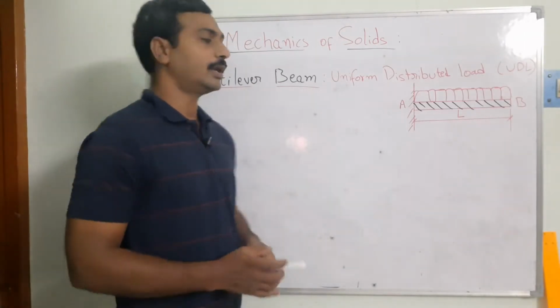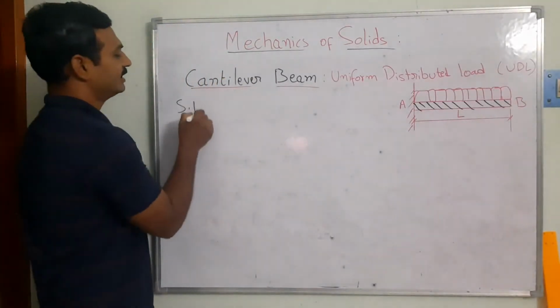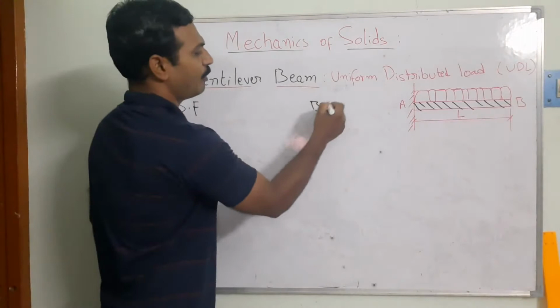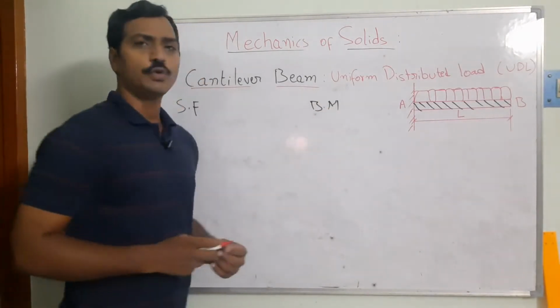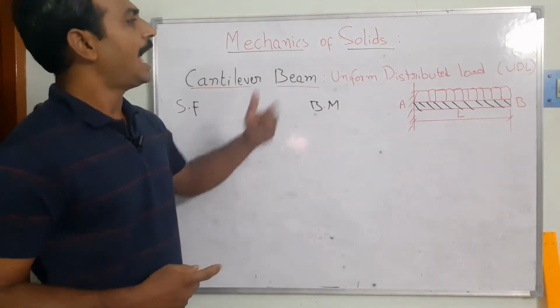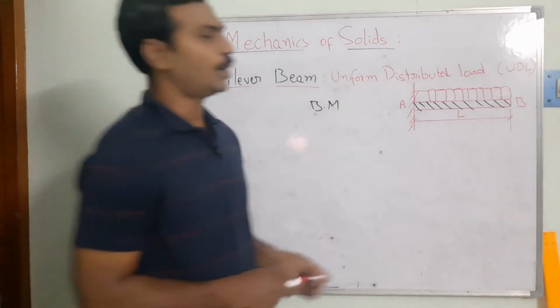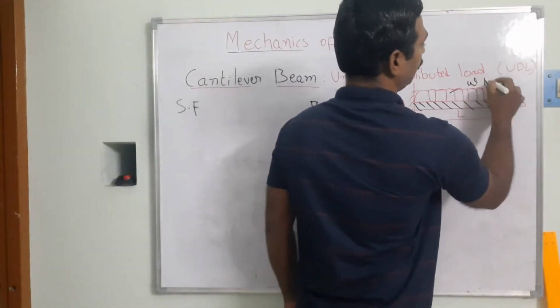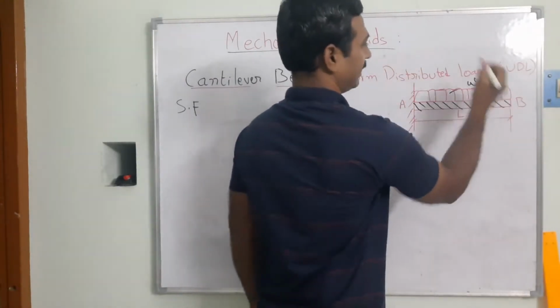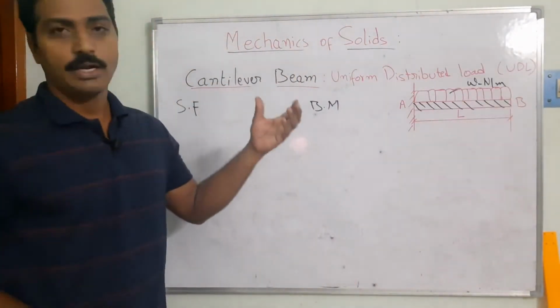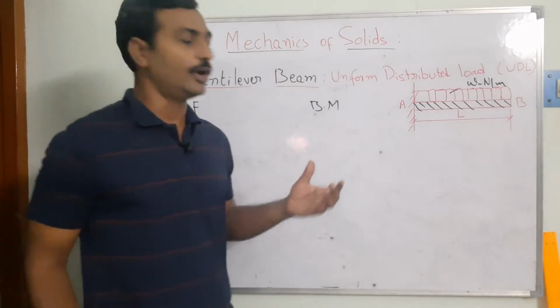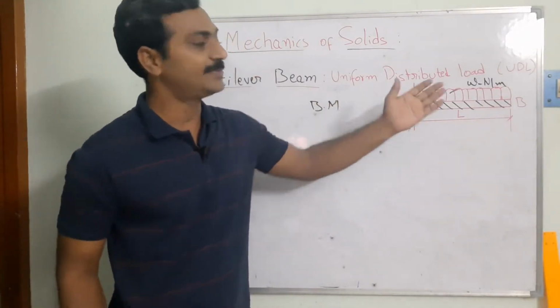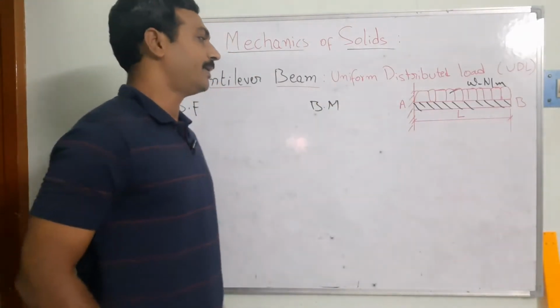The standard thing is that we need to consider the shear force as well as the bending moments. The uniformly distributed load is spread, and it is denoted small w, in Newton per meter, spread over the length.